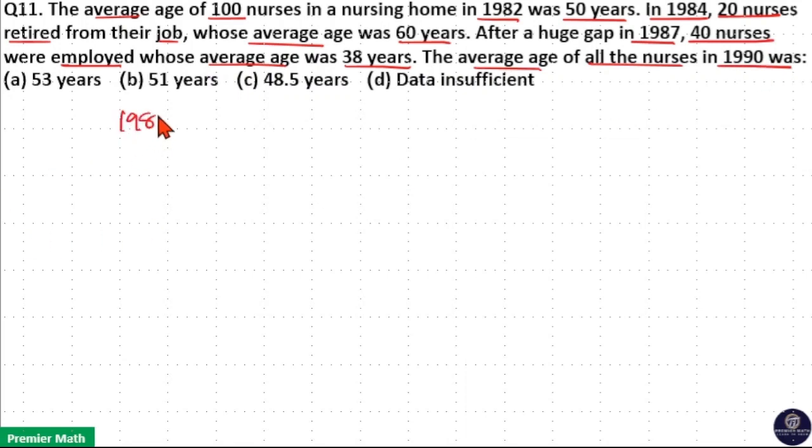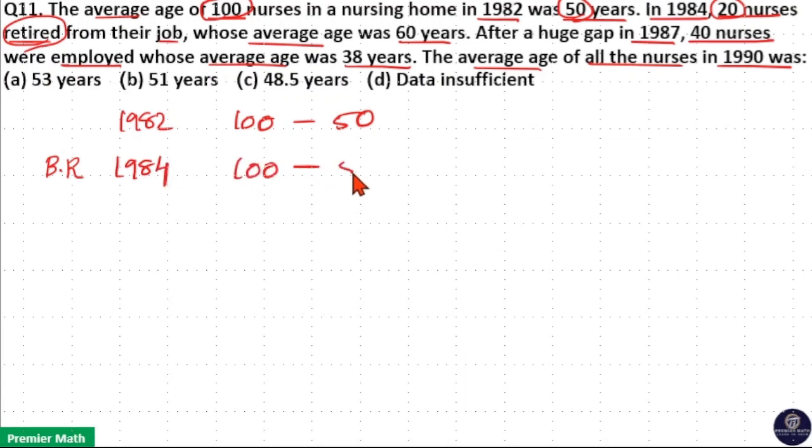In 1982, the average age of these 100 nurses was 50 years. And in 1984, 20 nurses retired from their job. So, before retirement, in 1984, the average age of these 100 employees was 52, because there is a 2-year increment from 82 to 84.